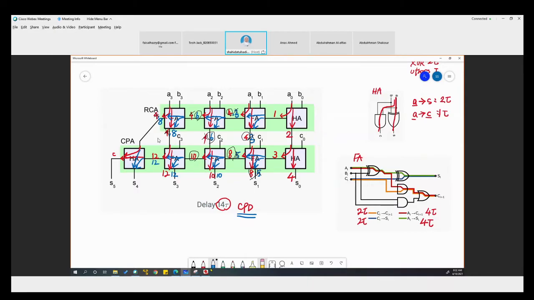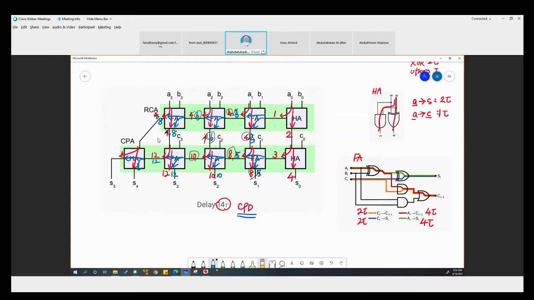So should I make it a different color? From this input to S, from this input to C, and this input to S.